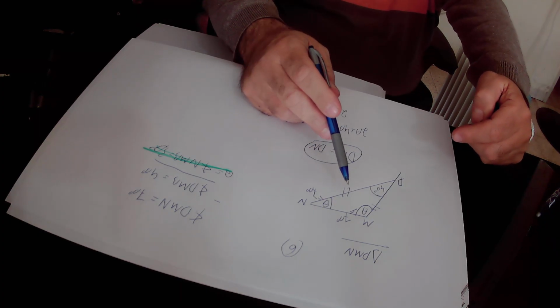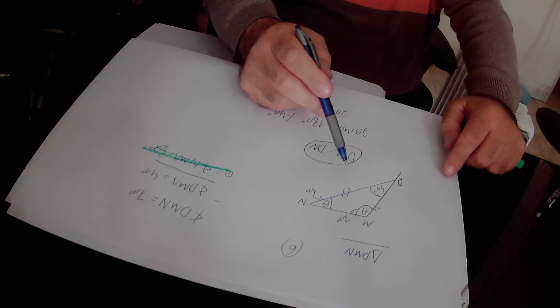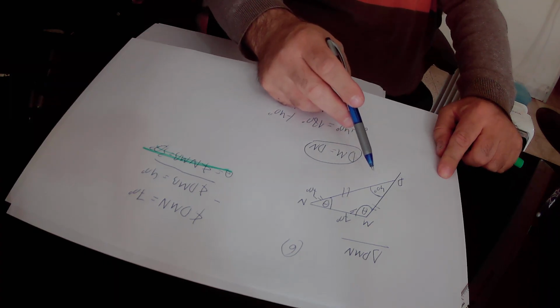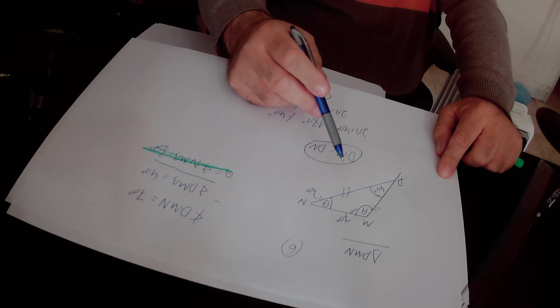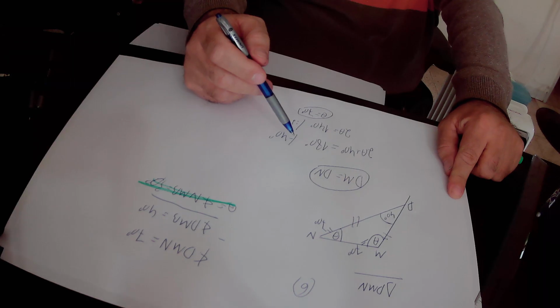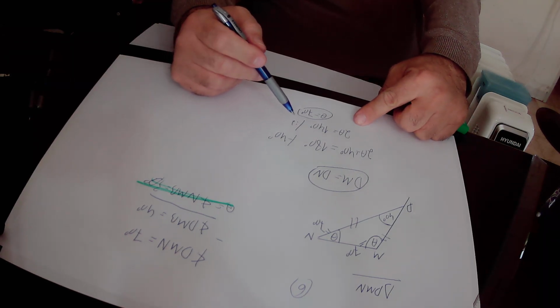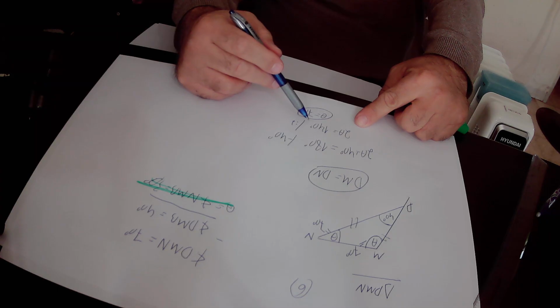So in triangle DMN, the sum of the angles must be equal to 180 degrees. That is to say, 40 degrees plus theta plus theta equals 180 degrees. We subtracted 40 degrees from this equation and finally found out that 2 theta equals 180 minus 40, which is 140.